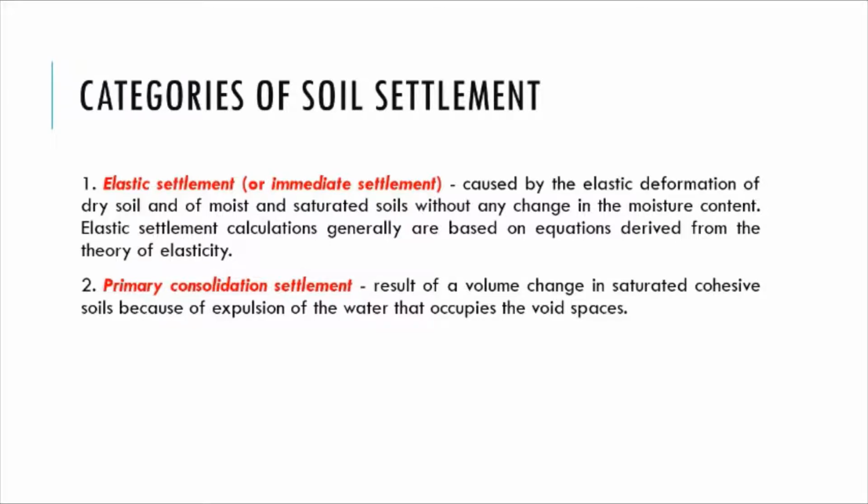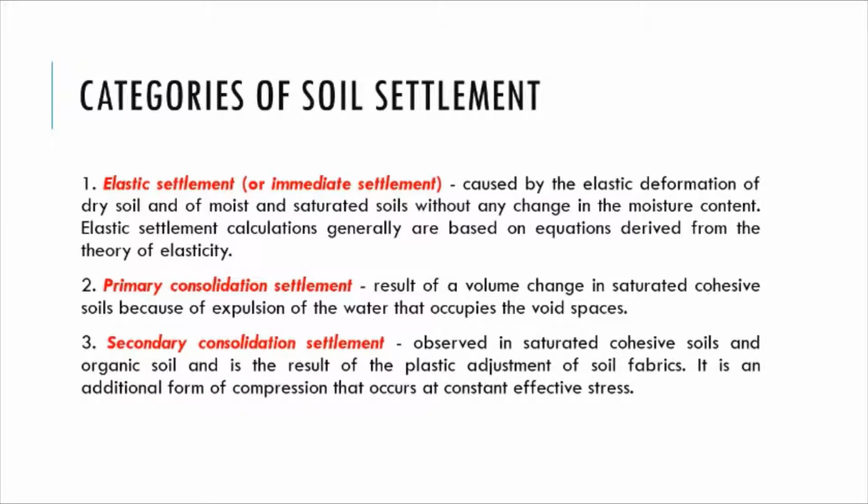And then lastly is what we call the secondary consolidation settlement. It's observed in saturated cohesive soils and organic soil and is the result of the elastic adjustment of soil fabrics. It is an additional form of compression that occurs at constant effective stress.